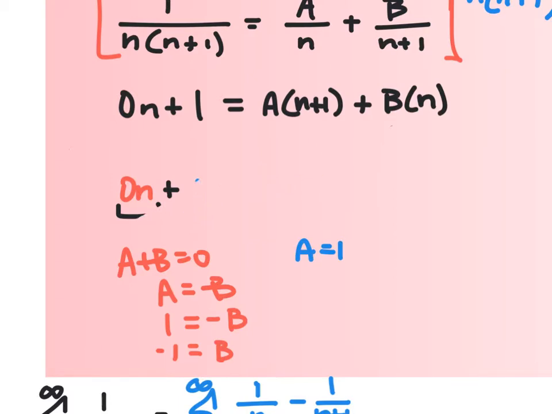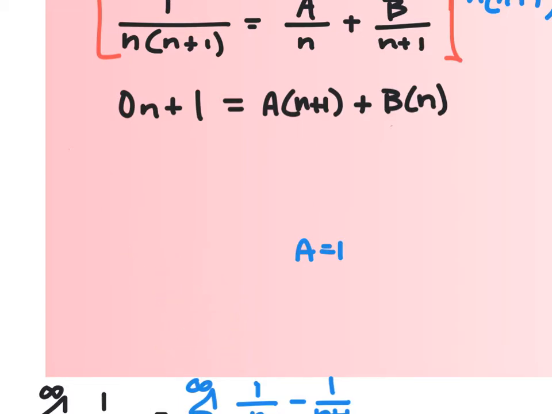I have to do this live, otherwise if I pause it and try to erase it, it acts weird. Okay, so here's your other option. Option 2. What if n equaled 0?